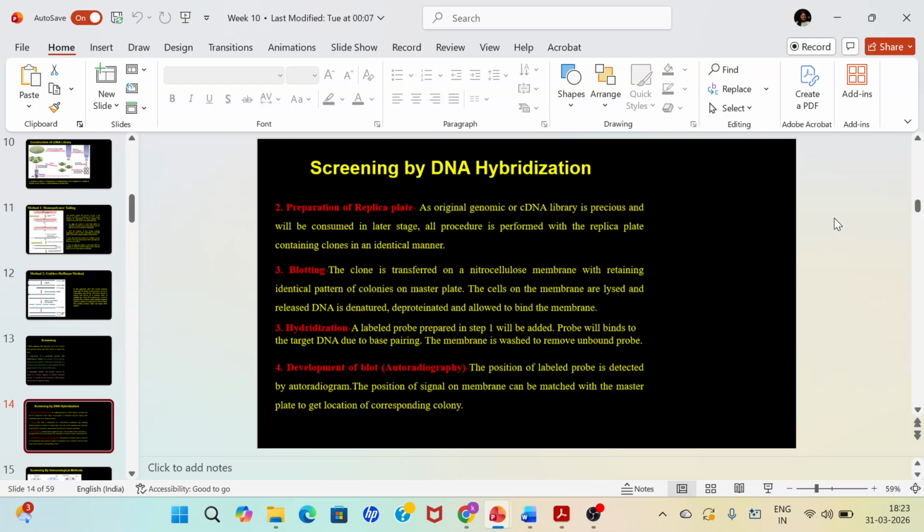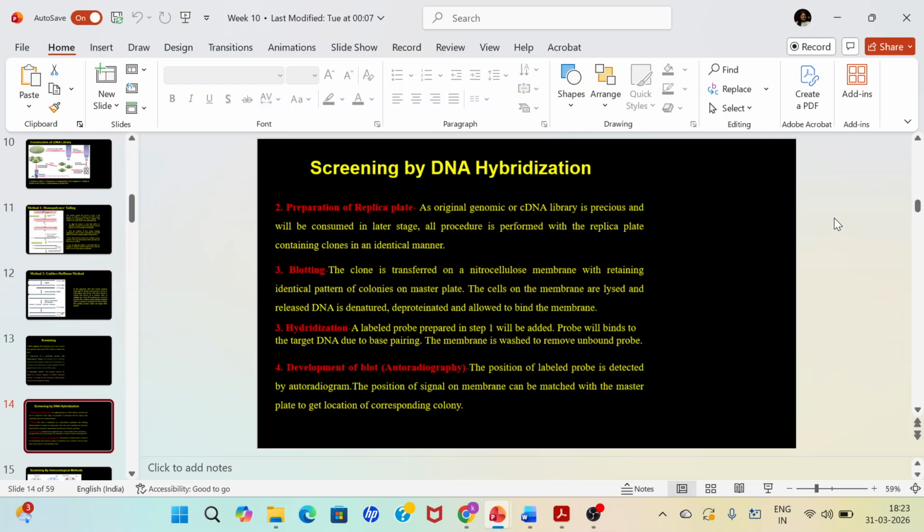Then the clone is transferred onto the nitrocellulose membrane, retaining the identical pattern of colonies on the master plate. The cells on the membrane are then lysed, and the released DNA is denatured, deproteinated and allowed to bind the membrane. Then the labeled probe prepared in step 1 will be added. We prepared the probe; I didn't show it here.